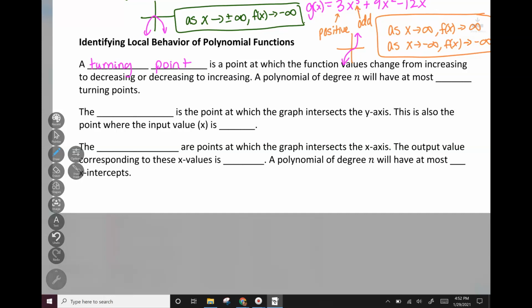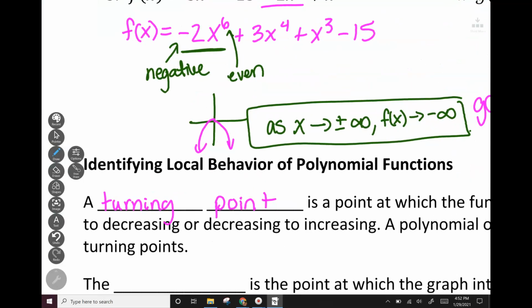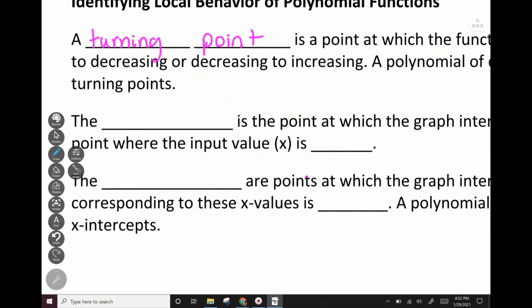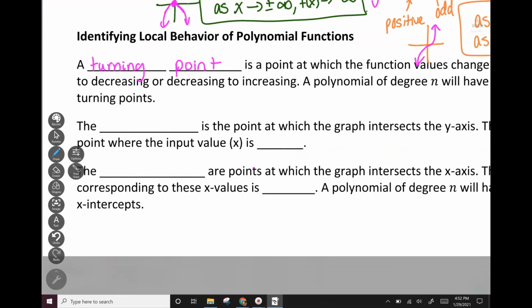So basically, you're talking about a vertex. Like on a parabola here, this is a turning point. It's any time where your function goes from increasing to decreasing, or if it were going this way, now your polynomial is going from decreasing to increasing at that point. So those points are turning points.